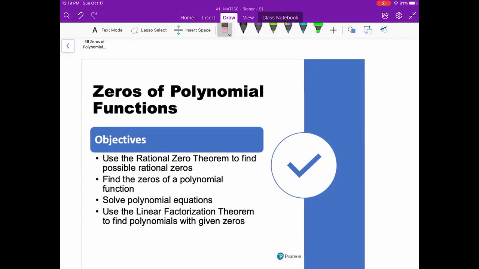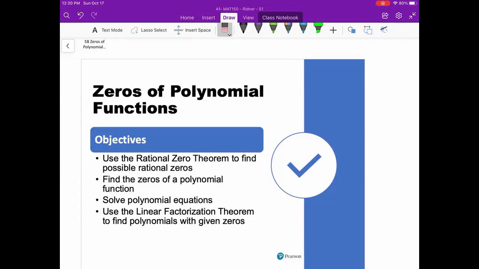All right, zeros of a polynomial function are the x-intercepts if it's real, meaning it could be something as nice as 3. It could be irrational, which would be one of those crazy decimals, typically something like 3 plus the square root of 5.